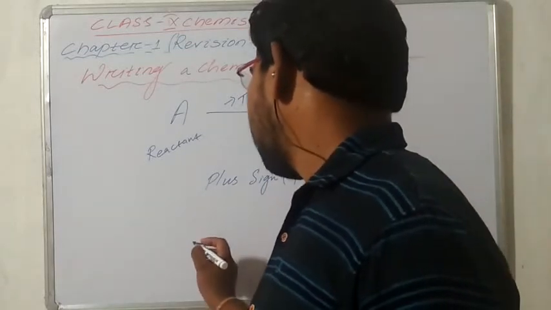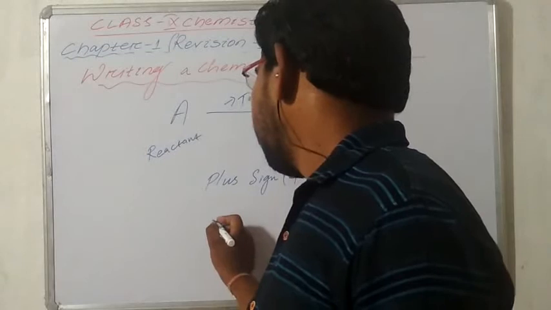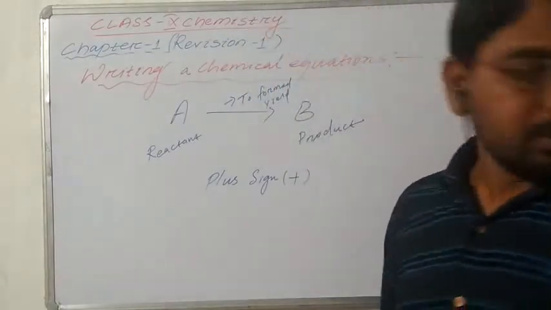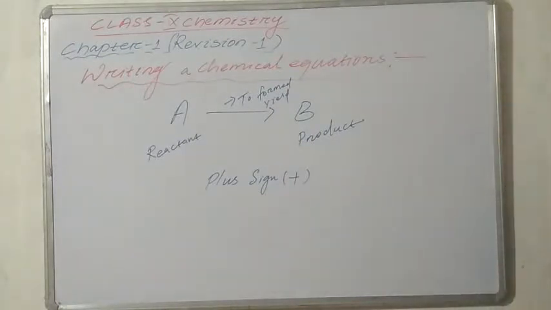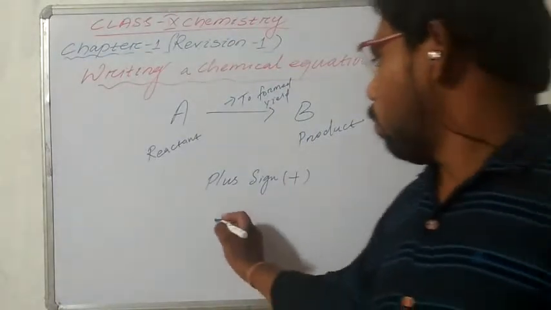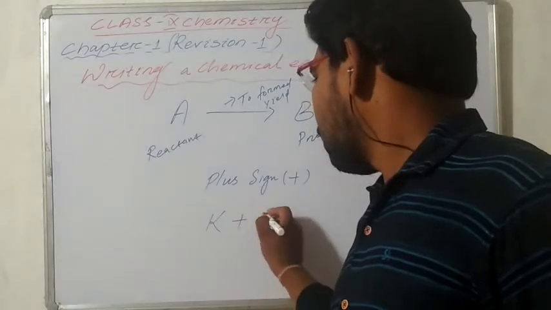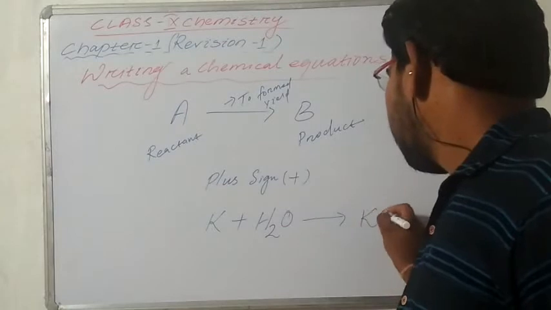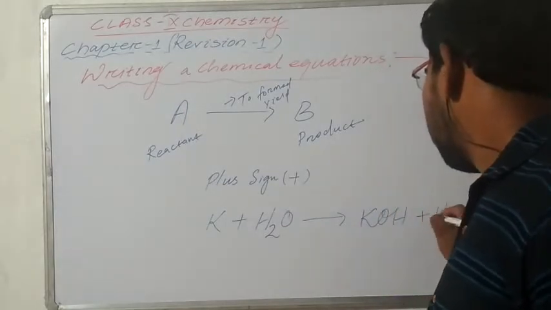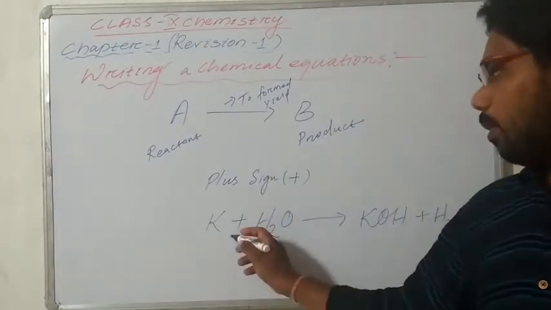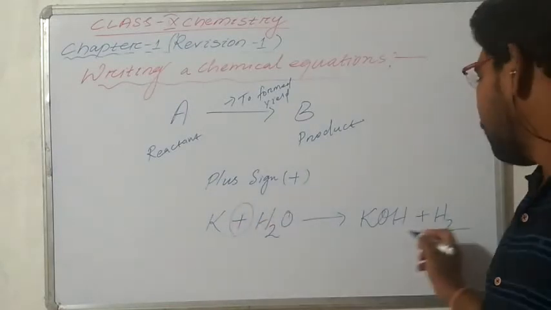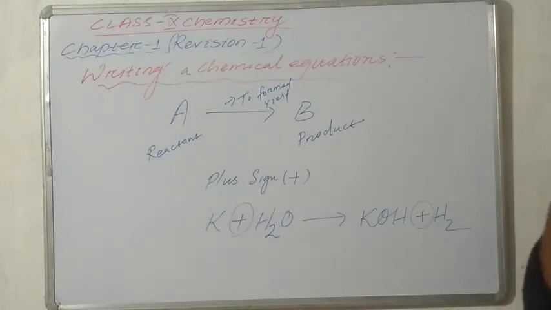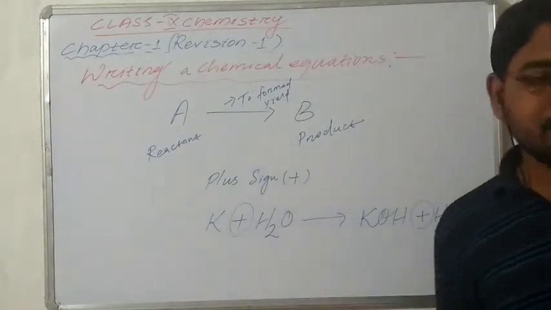For example, KOH plus H2O to form KOH plus H2. In between two reactants we use a plus symbol, and between two products we also use a plus symbol. This plus means this one reacts with another one.